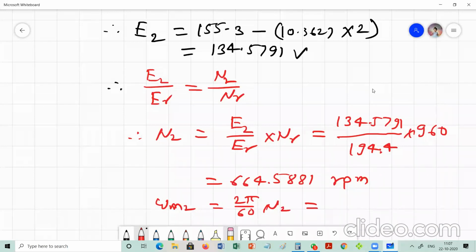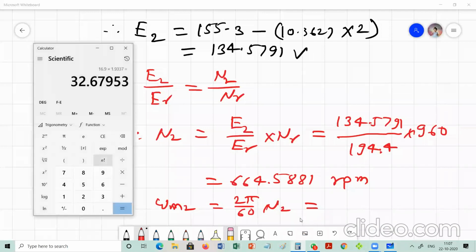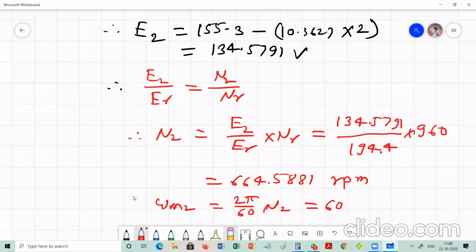I will solve it: 664.5881 into 2 into pi divided by 60, which is 69.6 radian per second.